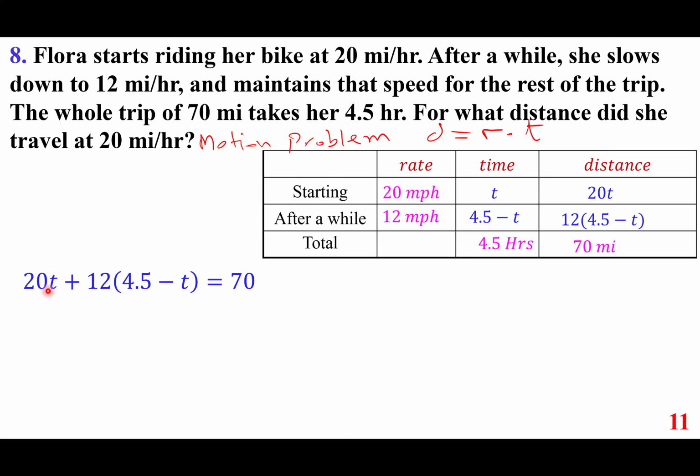So distribute. This remains. This is 12 times 4, 48. Half of 12, 6. They add up to 54. This is minus 20T and negative 12T is 8T.